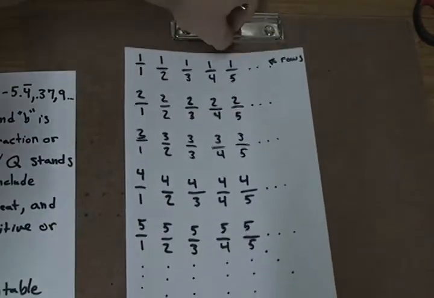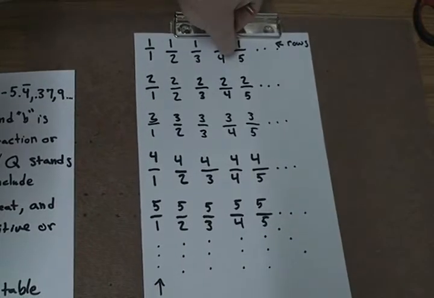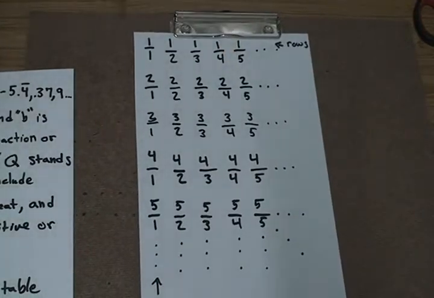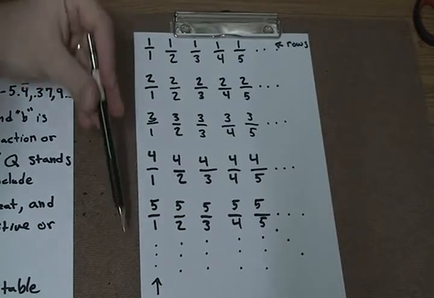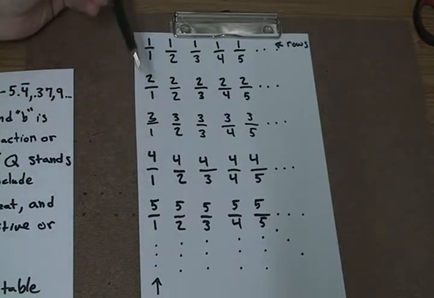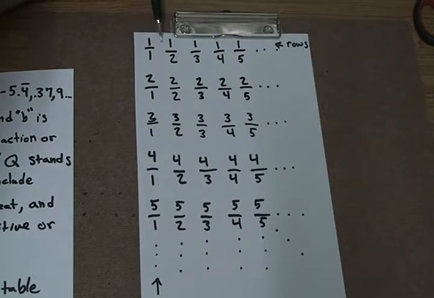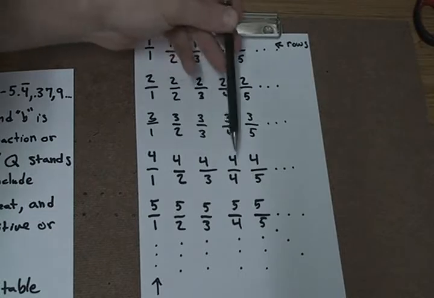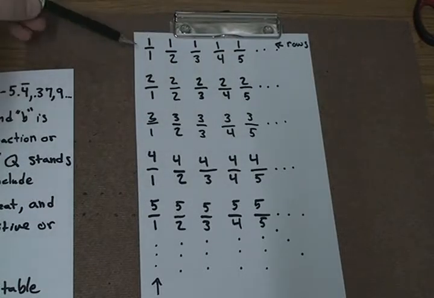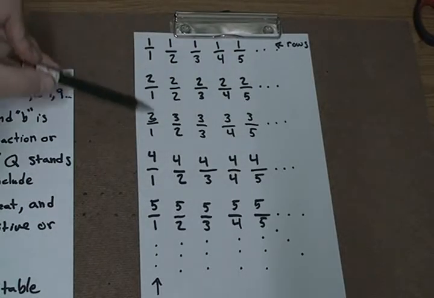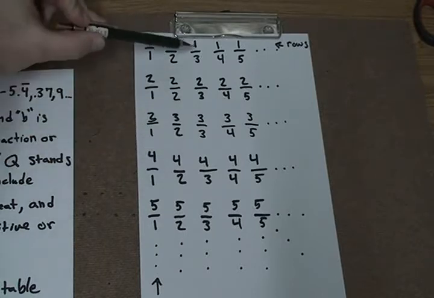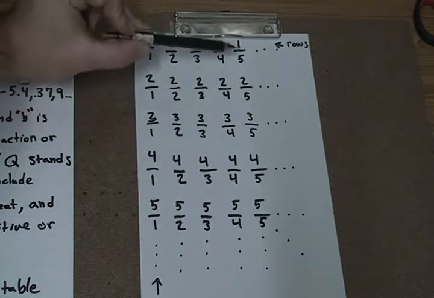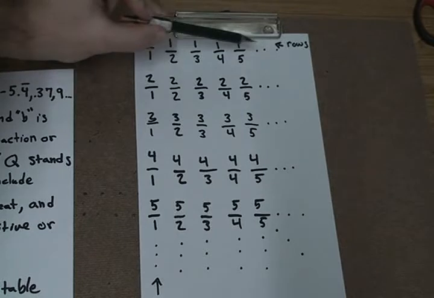We use a grid. We use a grid of rows and columns. The rows stay the same as 1s, 2s, 3s, 4s, 5s, and the columns stay the same as 1s, 2s, 3s, 4s, 5s, and they continue on that pattern forever.